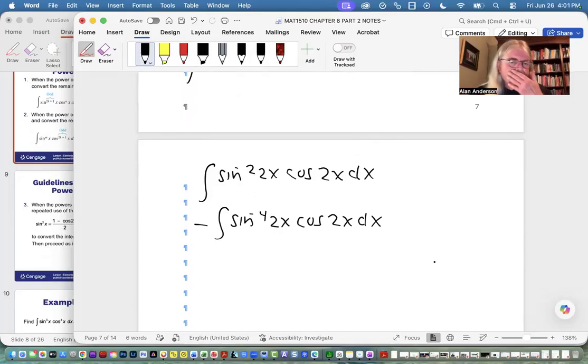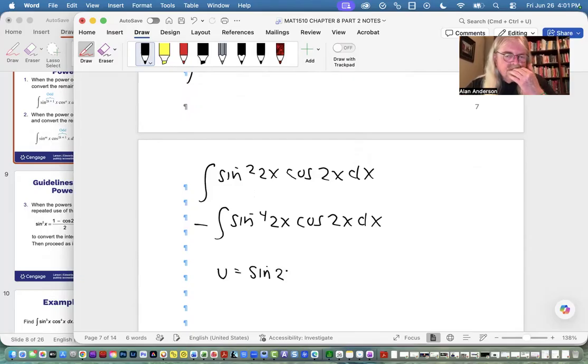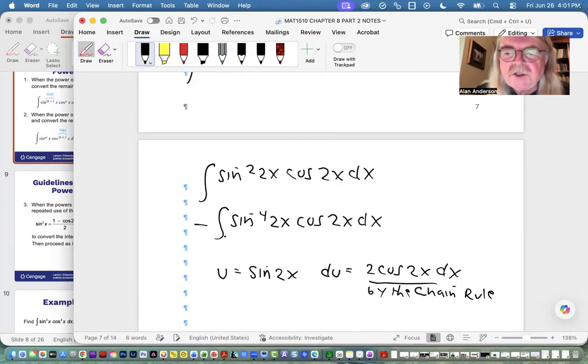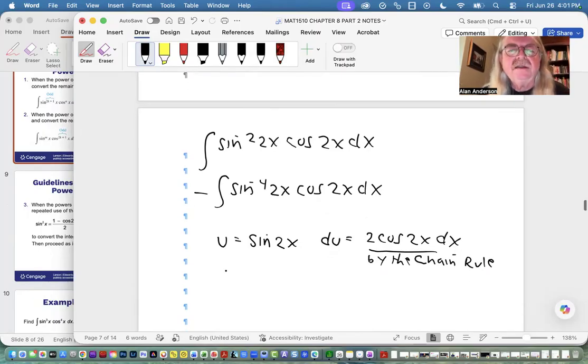So this is by the chain rule, by the way. And of course, we don't have 2 cosine 2x dx. We need to supply that. So let me see what we can do.